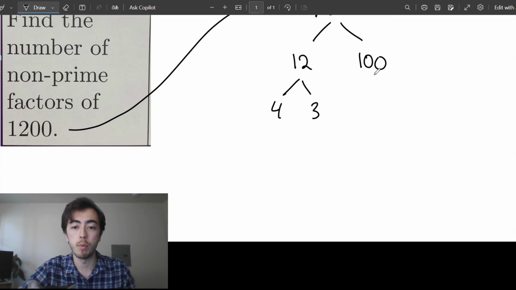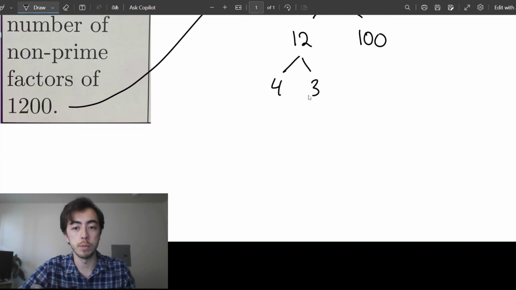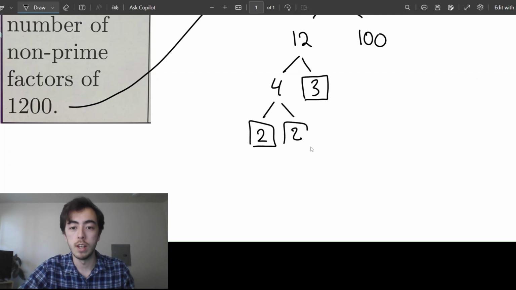And since I can't break down this 3 any further with multiplication, like I could do 1 times 3, but then I'm just repeating myself, since this 3 is the end of the line here, I'm going to put a box around it. And this will just denote that I found a prime factor of 1200. 4 is 2 times 2, and 2 is another prime number, and so I'm going to box those.